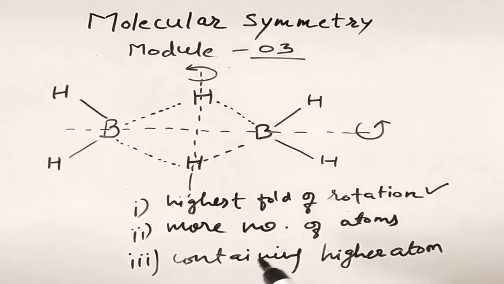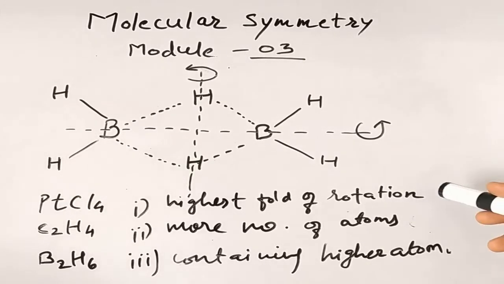Second rule is that a line that contains more number of atoms becomes the principal axis. And according to the third rule, the line which contains higher atoms, that is atoms having higher atomic number, becomes the principal axis.